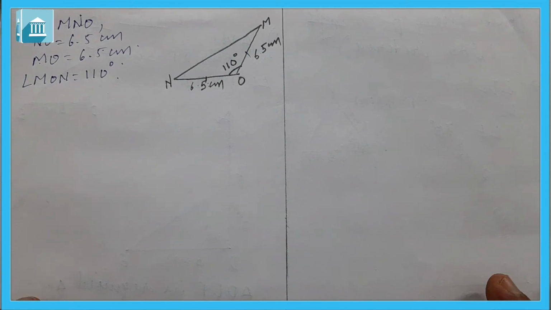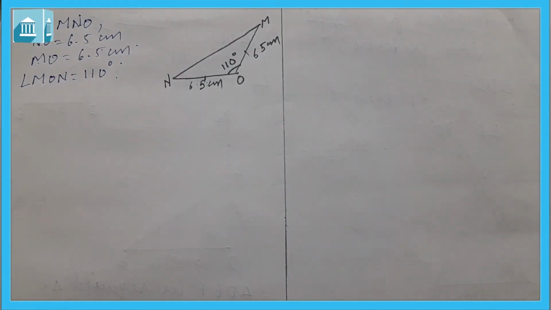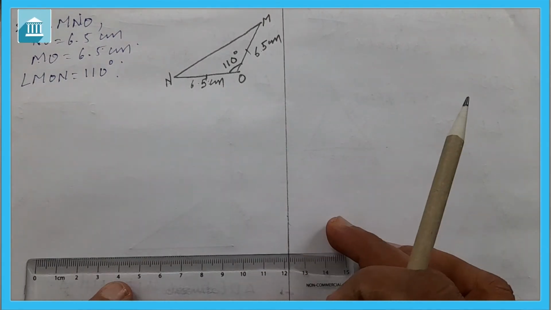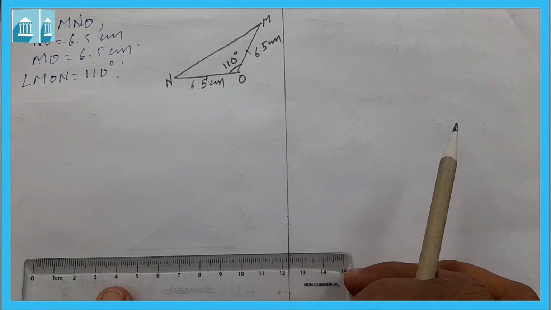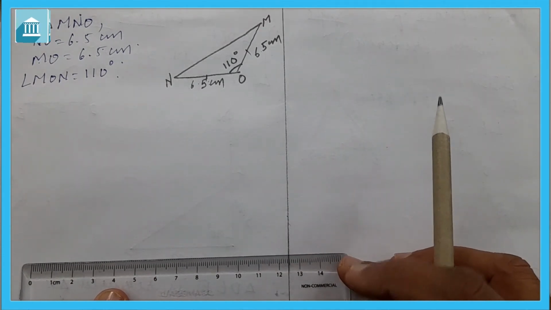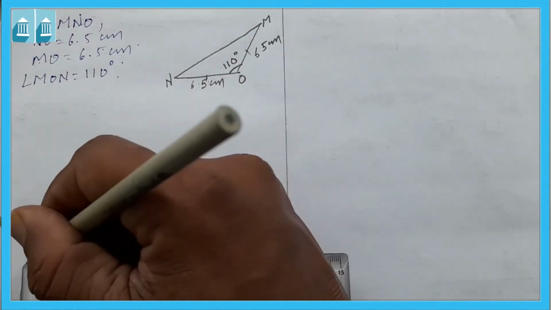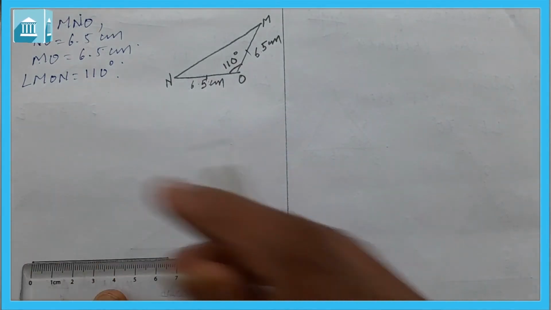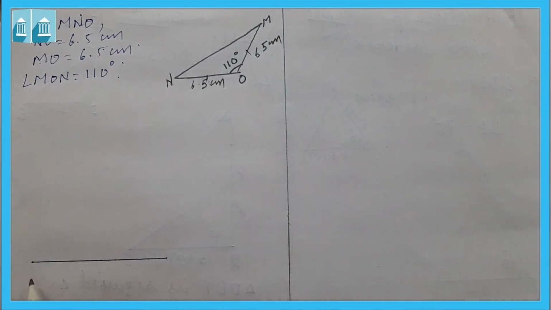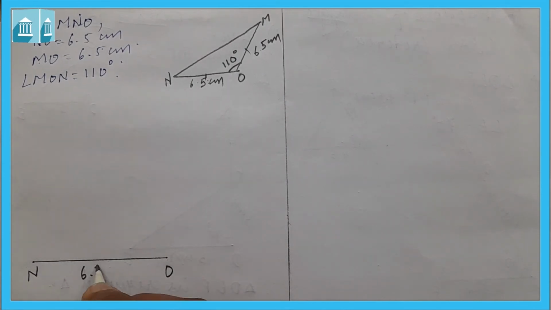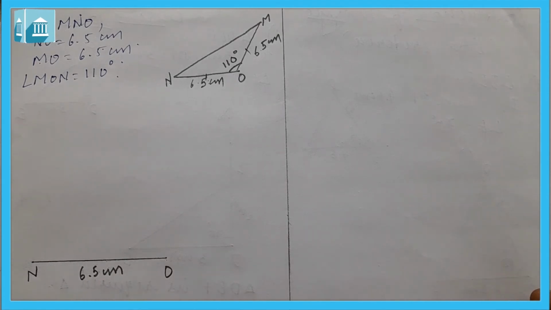Now again when we need to construct it, first we need to draw the base of this triangle. The base is NO. So let's draw the base first. The base is given 6.5. This we can write NO, which is 6.5 centimeter. NO is equal to 6.5 centimeter.